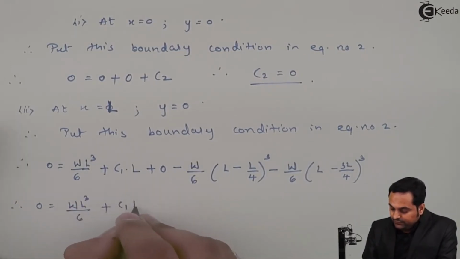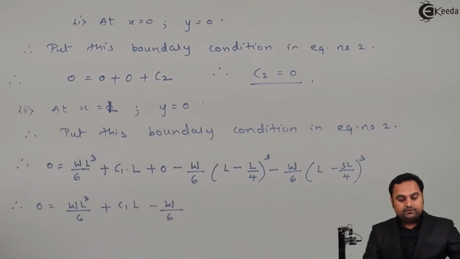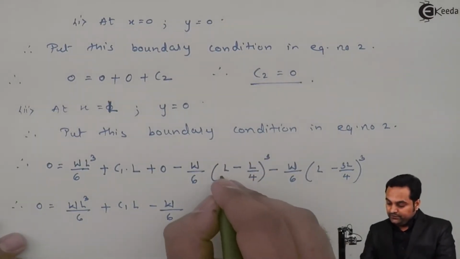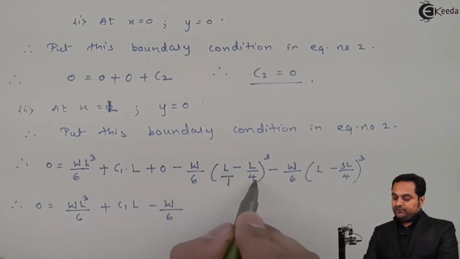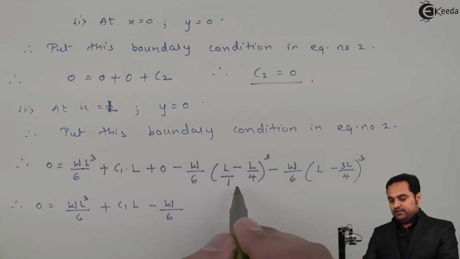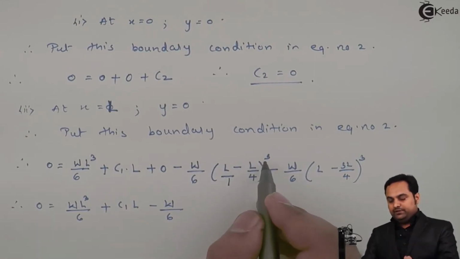Plus C1 into L minus W by 6. Now, when I am simplifying this complete bracket, here in the denominator it is 1. So this cross multiplication will be 4L minus L, which is 3L by 4. So 3L by 4 is cube. Here we have to cube that term.